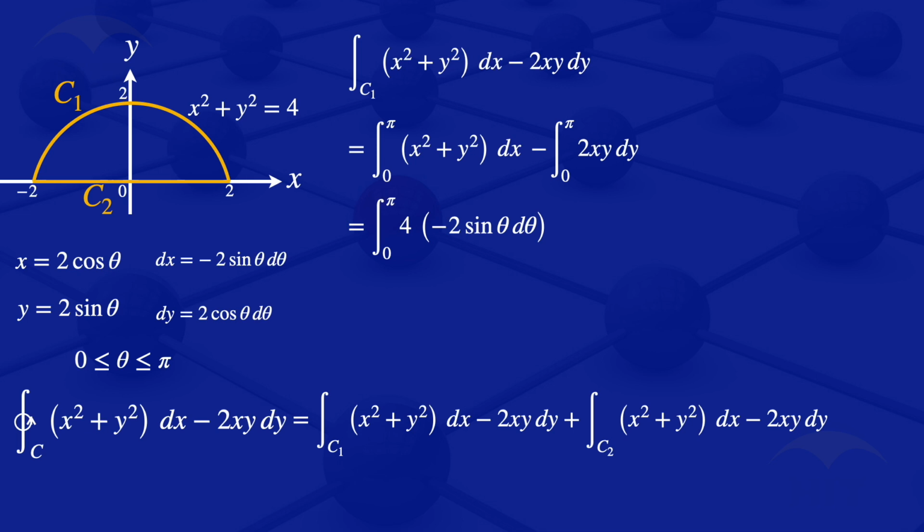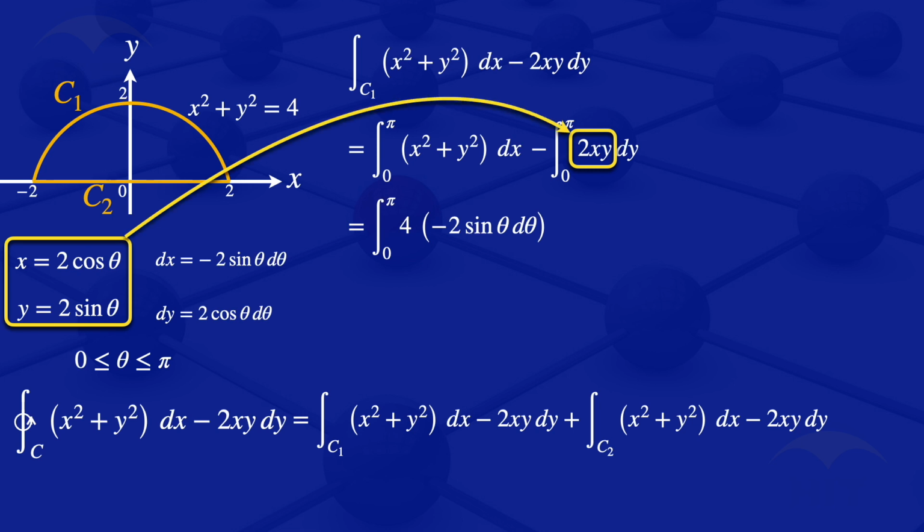Our x is 2 cosine theta and our y is 2 sine theta, so we put that xy in the integral. Then for the dy, which is 2 cosine theta d theta, we put it into the integral where we have the dy.